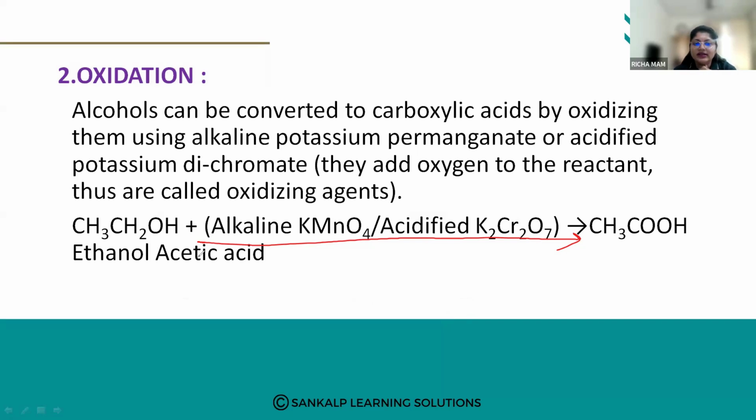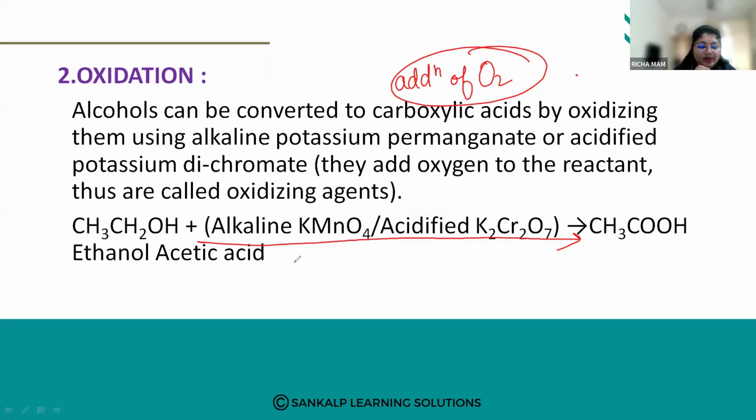So when ethanol is oxidized in the presence of alkaline KMnO4 or acidified K2Cr2O7, these are the oxidizing agents. What do oxidizing agents do? They add oxygen. Addition of oxygen is called oxidation. And an oxidizing agent oxidizes others and itself undergoes reduction.